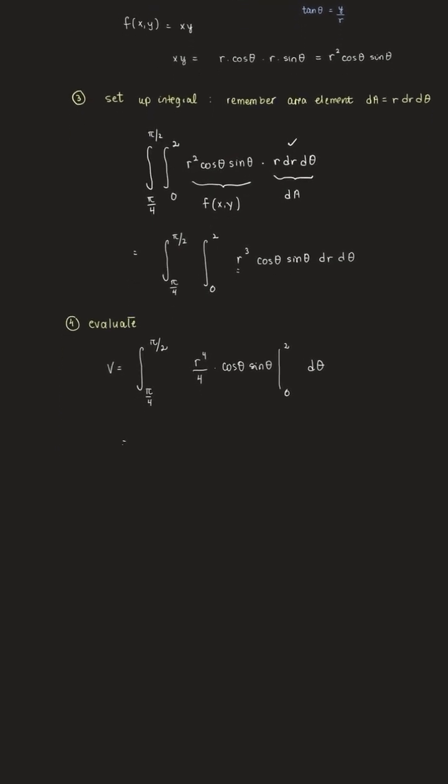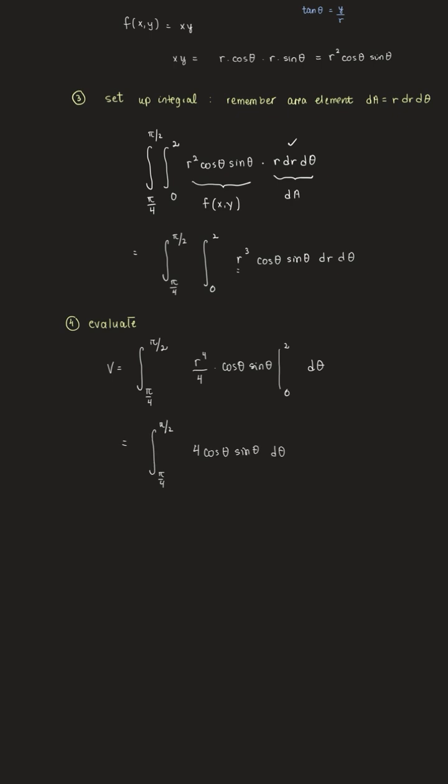And so this will give us integral from pi over 4 to pi over 2. When r is 2, r to the 4th is 16. 16 over 4 is 4. So we have 4 cosine theta sine theta d theta, because when we put in 0, we get 0.